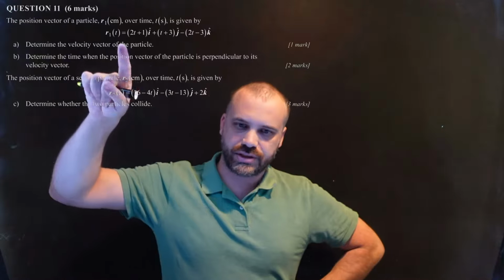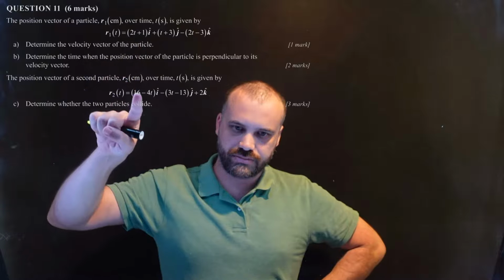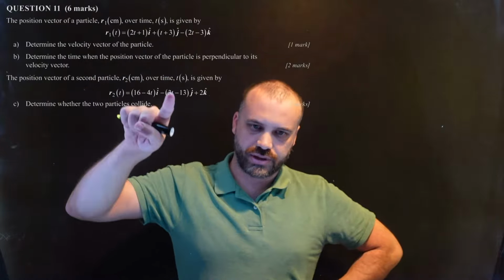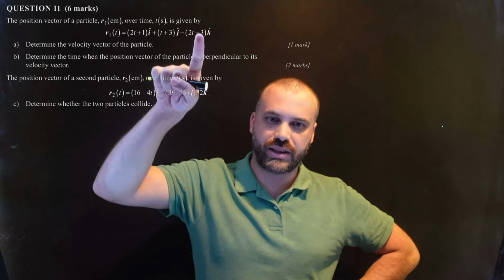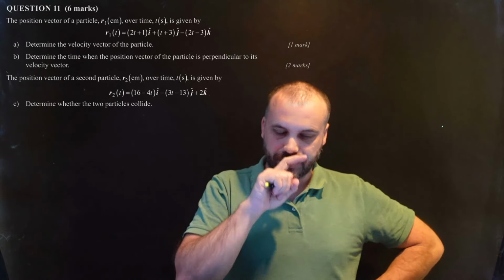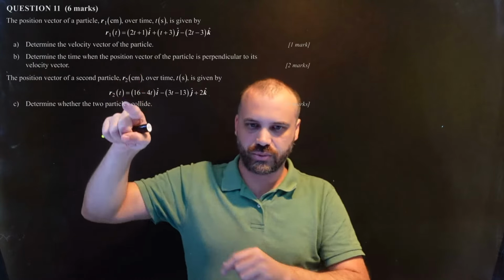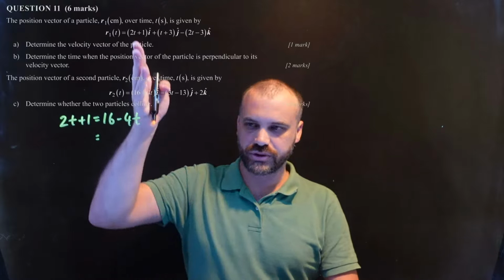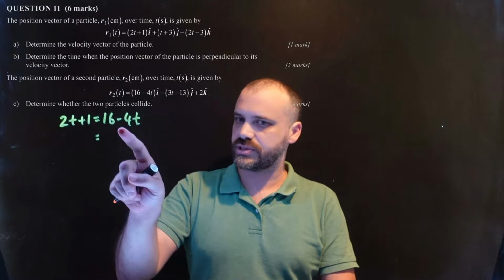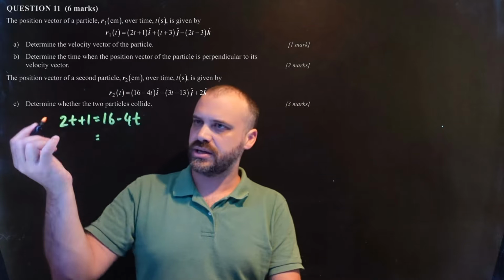Now, their positions are the same when their I coordinates match, when their J coordinates match, and when their K coordinates match. So let's make the I coordinates match first of all. All right, so let's look at our I coordinates first. 2t plus 1 equals 16 minus 4t.